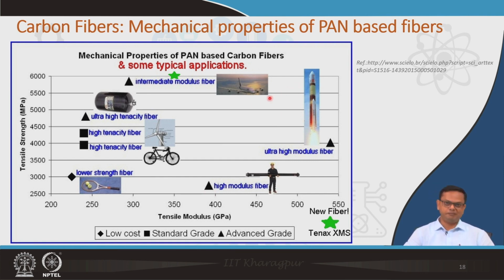And based on your application, for example, if you need aerospace applications where you need very high strength and high modulus, then you choose this kind of carbon fiber, and vice versa. Okay. That is how you produce your carbon fiber.